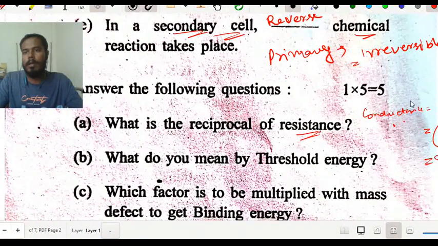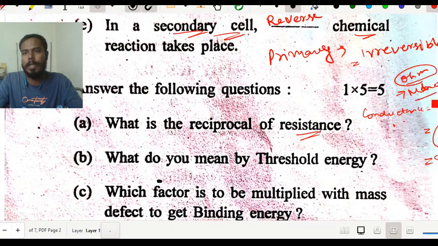Also, the unit of conductance can be called mho, which is ohm in the opposite direction.